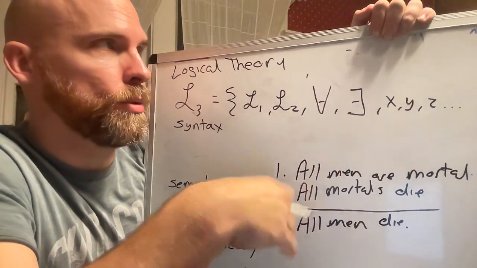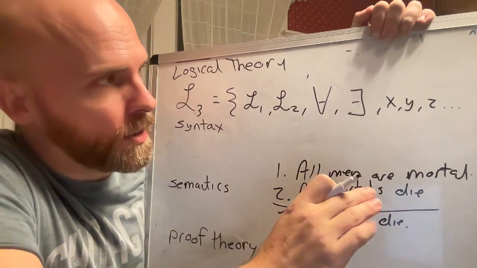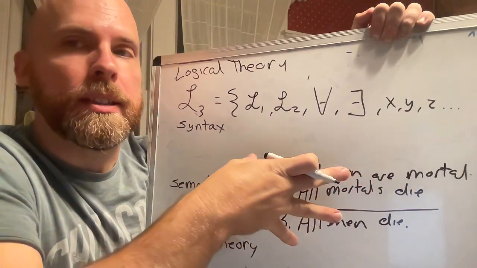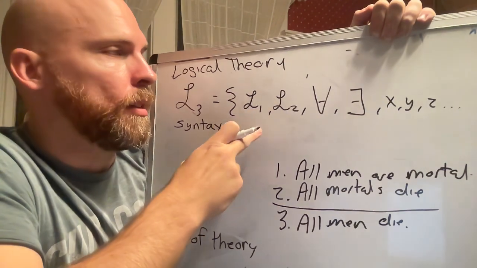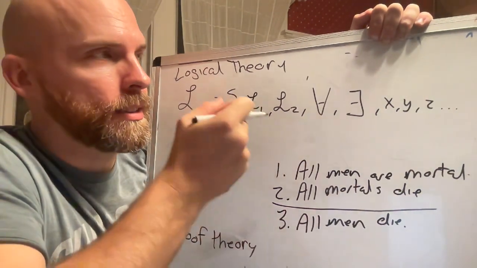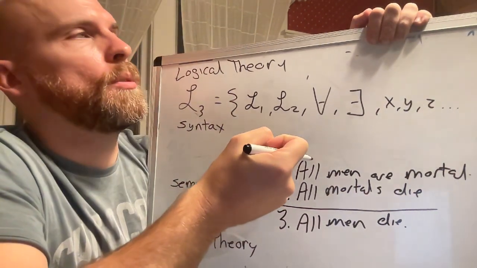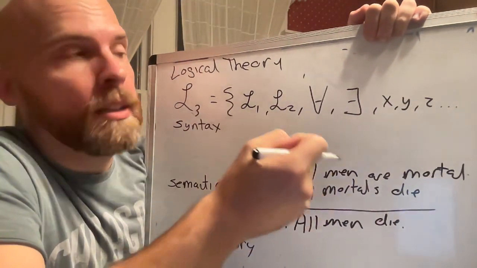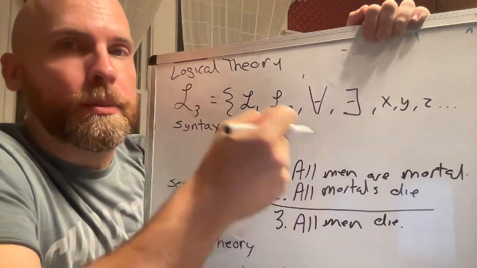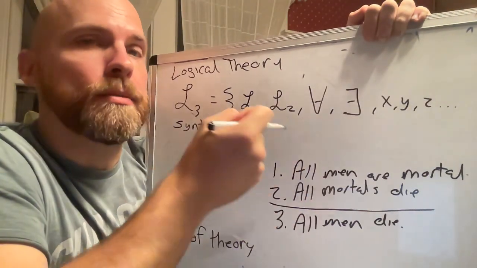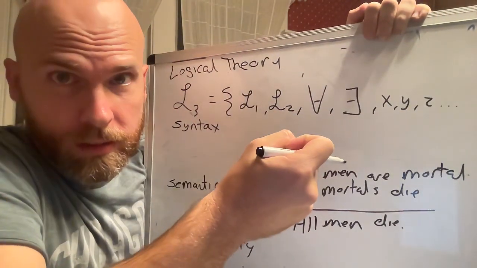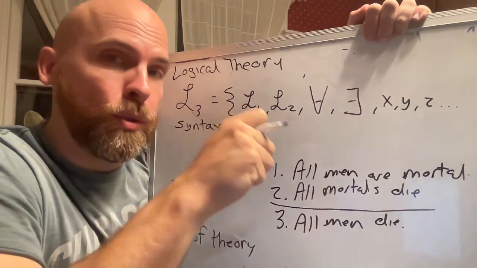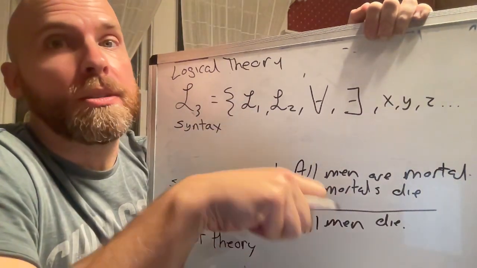Validity is this formal feature of arguments that we want to be able to characterize in L1, L2, and L3, because it gives us the meat, as it were, to say things such as, if we can prove it, then it's true, and if it's true, then we can prove it. And what that back and forth is: if we can prove it, then it'll be valid. If it's valid, then it's preserving truth from the premises to the conclusions, and we can show that.